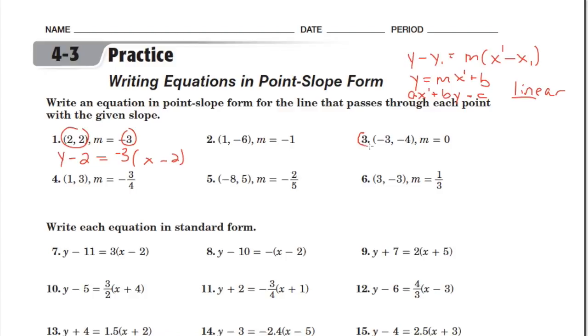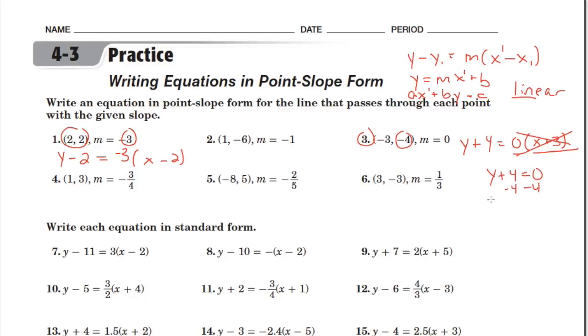For number 3, the format is y minus y1, but if our y is a negative number, it's going to turn into plus. So it's going to be y plus 4 equals, the slope is 0, okay, and then we're going to plug in x plus 3 because it's a negative value. Okay, so what happens here is 0 times anything is 0, taking away everything on the right side, and we get y plus 4 equals 0.